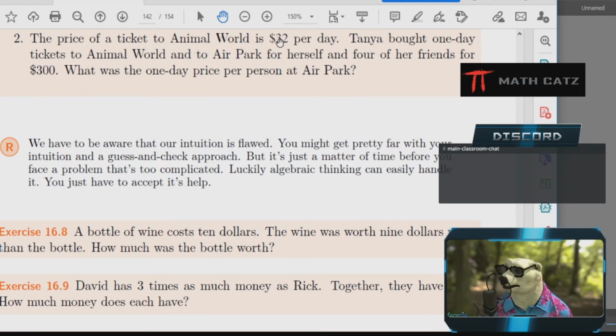So don't need to have a variable for that. It's 32. The price per person ticket at Air Park is what they want to know. So usually, not absolutely always, but for our level of question, almost always, the thing that they want to know is a good starting point for a variable.